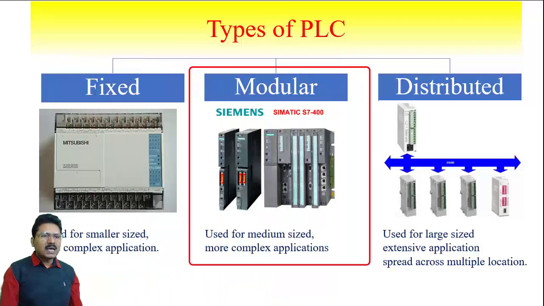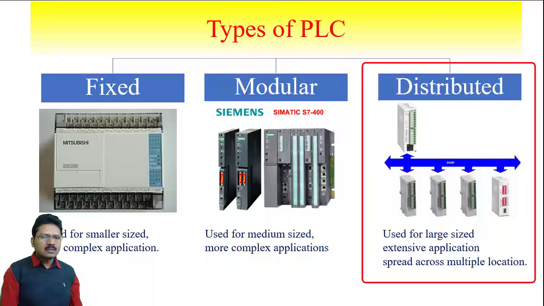For modular PLC, different hardware modules are there. Modular PLCs are used for medium-sized, more complex applications. For distributed PLC, the input-output modules and other modules might be distributed in different areas. This distributed type architecture is normally used for larger sized, extensive applications spread across multiple locations.